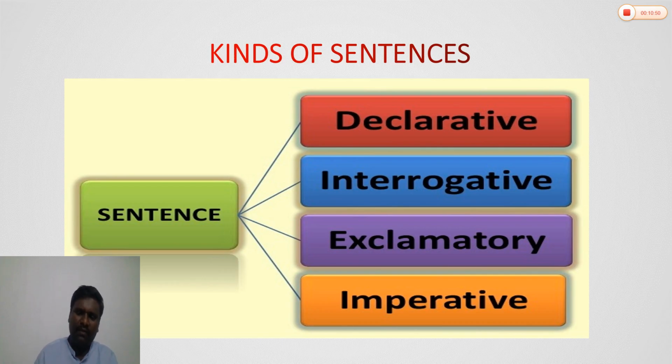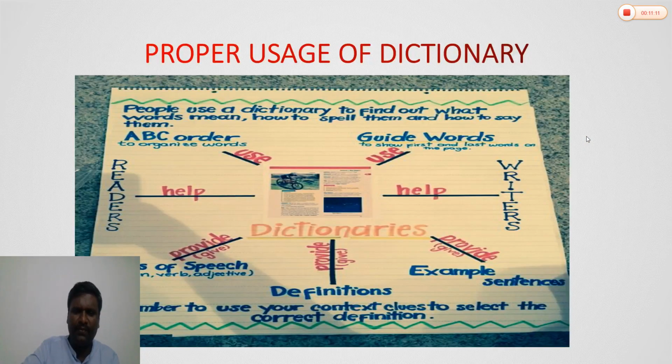For command, for example, when we are in a higher position, we may have the right to command someone to work. But with our family members and friends, we cannot command them. We have to request them. My dear friend, could you help me in this? So there are four types of sentences we all have passed over for fluency.